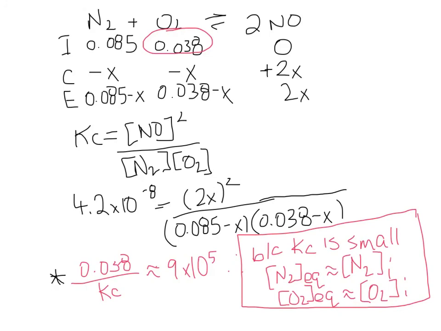We can now simplify the N2 and the O2 concentrations in our Kc expression. The minus x from these two concentrations is going to be very, very small, so we can get rid of it.